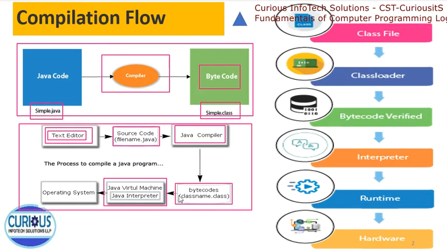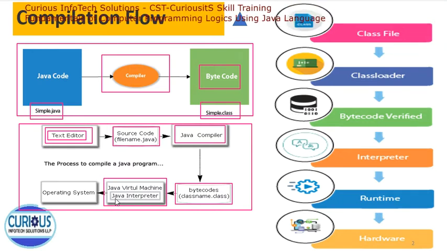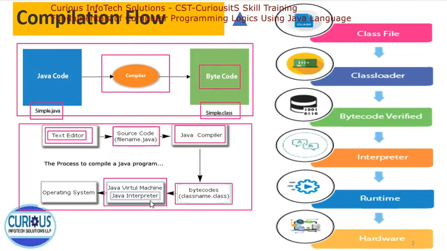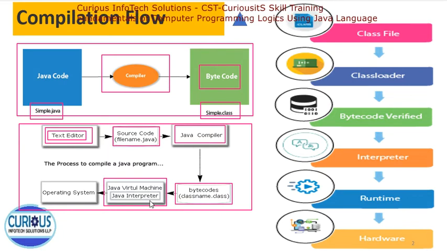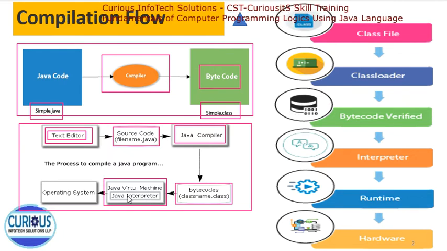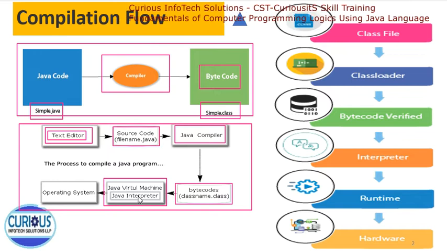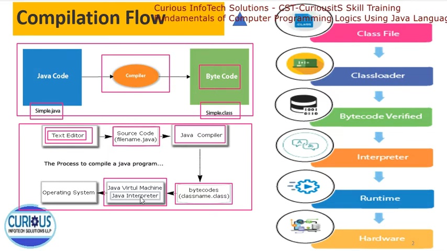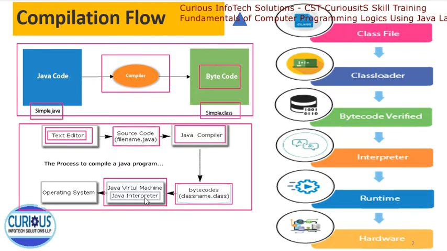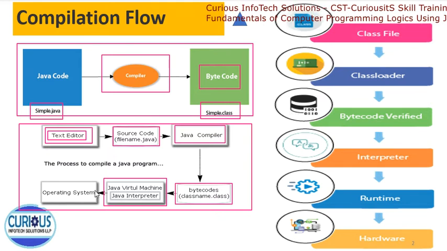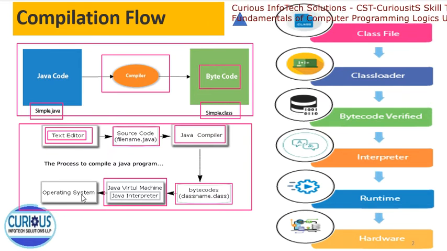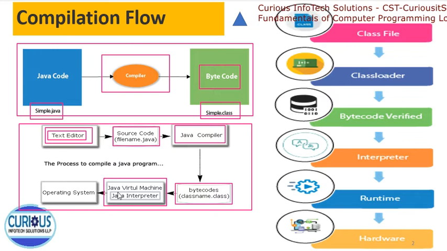So by this intermediate file again you have to use one more translator that is known as a Java interpreter. ठीक है, now this Java interpreter is nothing but it translate or it actually convert your bytecode to the according to the your run program in the operating system. ठीक है, through the JVM, Java Virtual Machine.